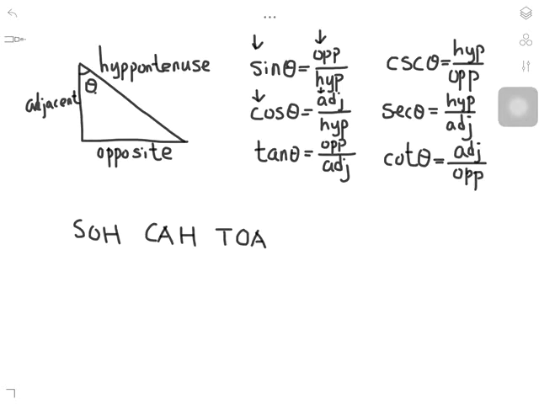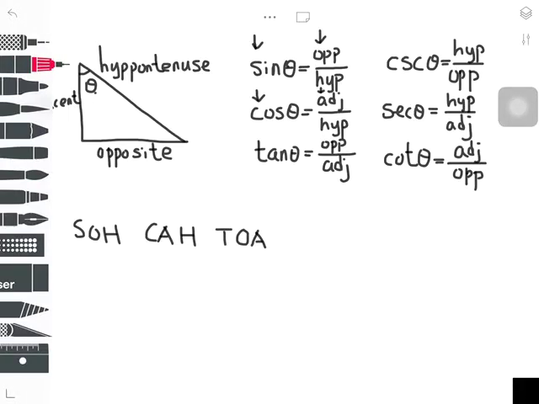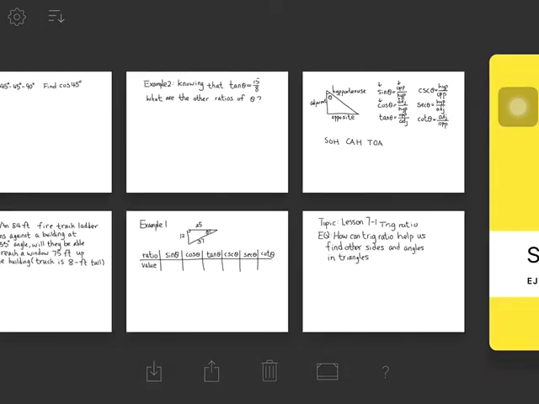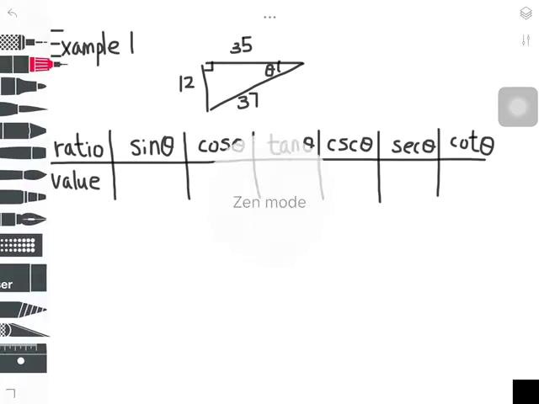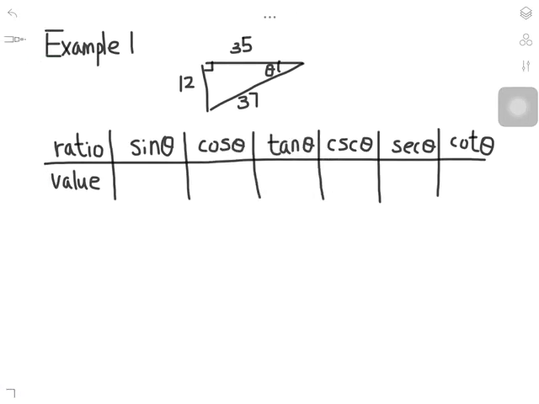Make sure you review this. You might need to come back to this a lot. That should be a good reference sheet for you. Now let's go back and take a look at example number 1. In case you forget, let me write down the definitions down here so you have the reference right away again. Sine theta equals what?